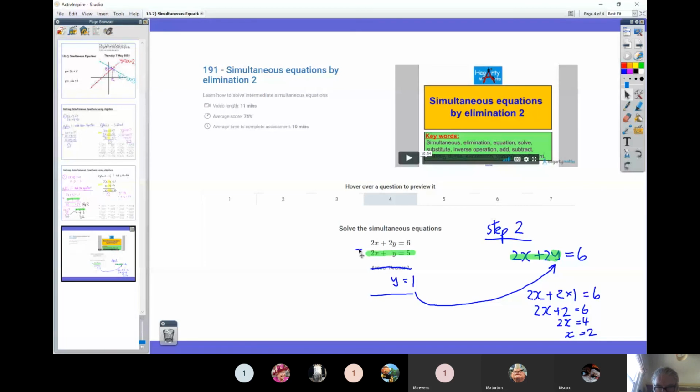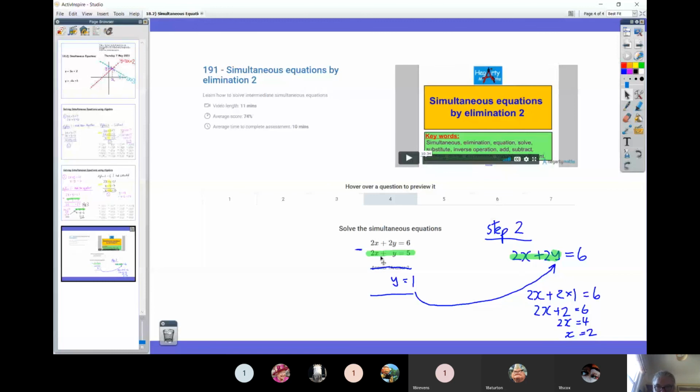Excellent. 2y take away y is 1y, so y, and 6 take away 5 is 1. So I've worked out that y equals 1. Now don't forget, you've then got to go and work out the other one. So you've got to go and work out what x is. So you take either of the two equations, it doesn't matter which one.